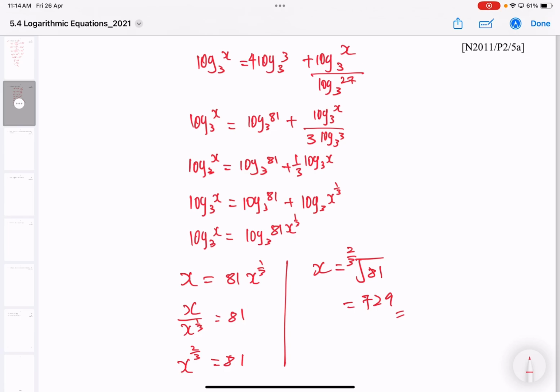Can you please look at it? So this is an O-level paper. I would say this one is a bit more difficult in terms of manipulation, but if you do enough questions, you shouldn't have too much trouble with it.